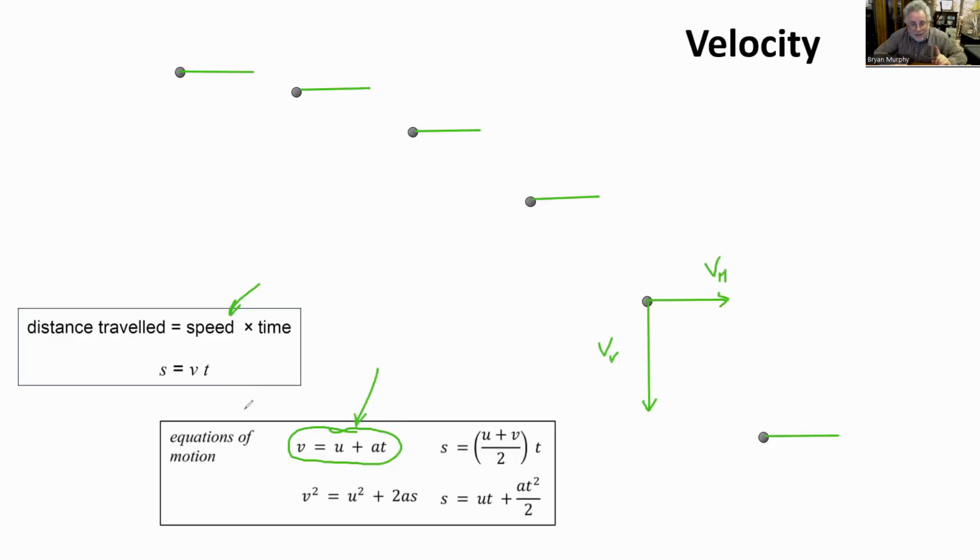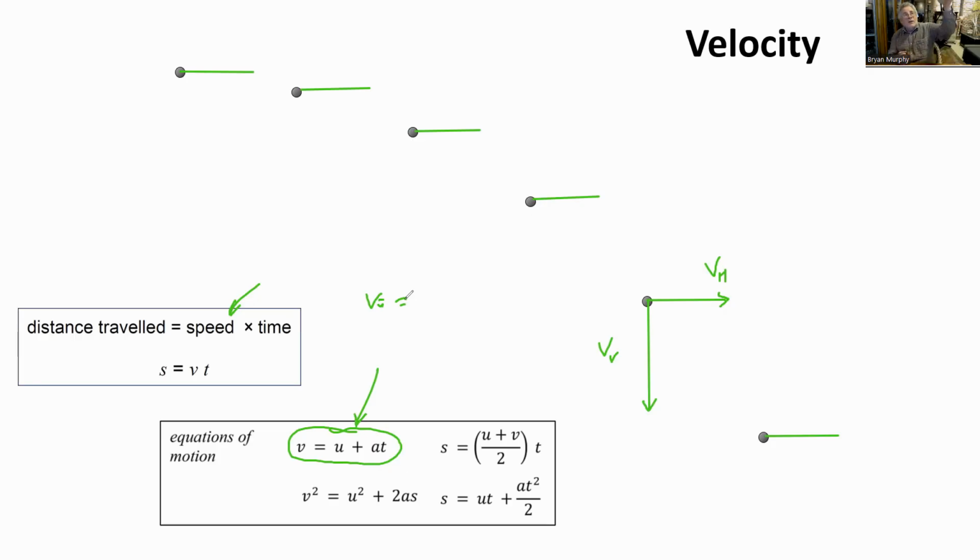Now, the important thing is to know what those symbols mean. V is the vertical velocity. I'm thinking about the vertical component now. V equals, what is U? It's the initial velocity, but the initial vertical velocity.